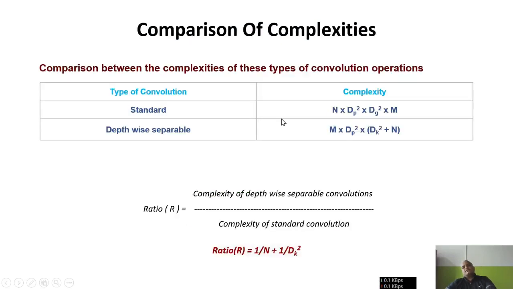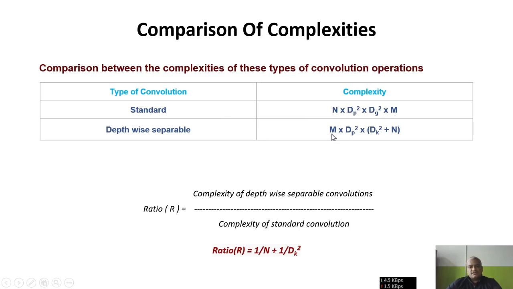Now comparing the standard CNN with the depth-wise separable CNN, in a standard CNN the complexity is N cross DP square cross DK square cross M. Here DP is the output, DF is the input.